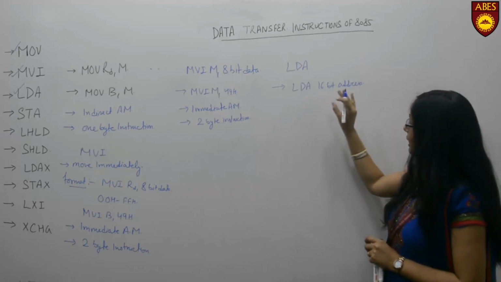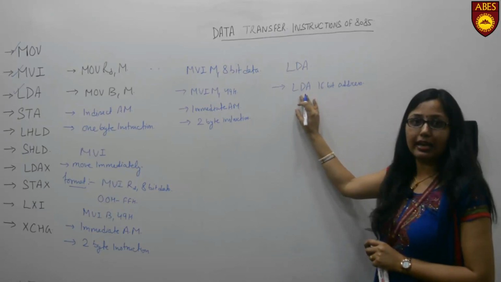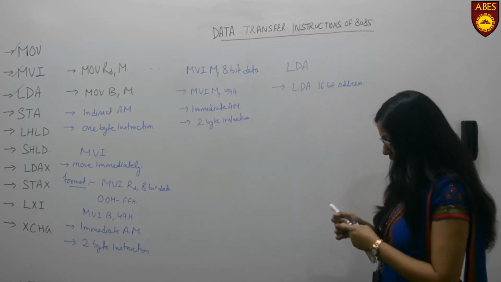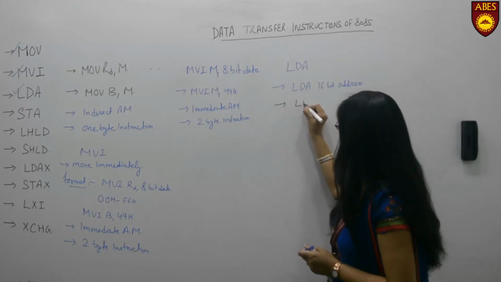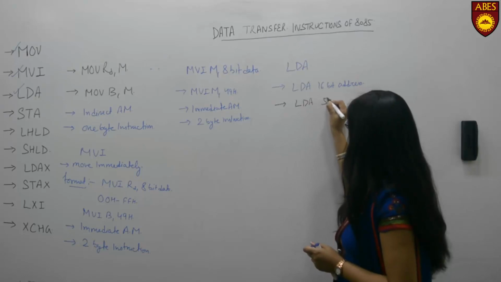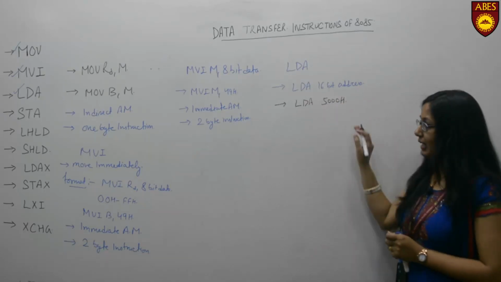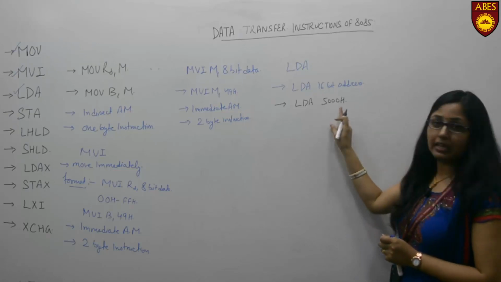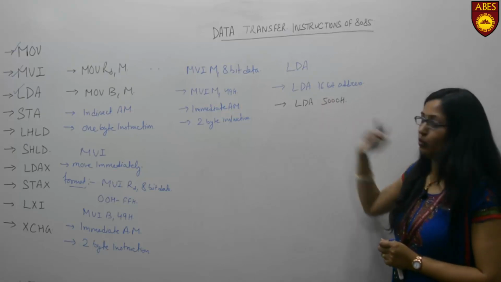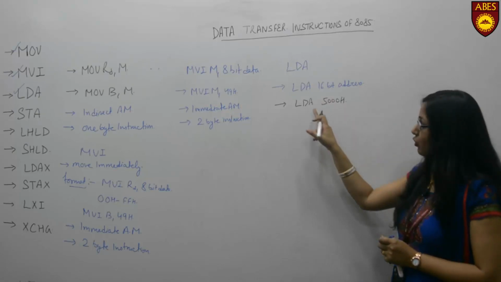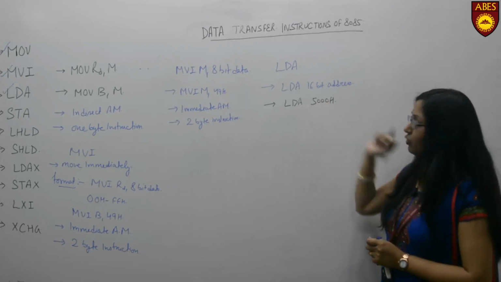What does it mean? The content of this memory location is loaded into the accumulator. For example, if we write LDA 5000H, after the execution of this instruction, the memory location content of 5000H is loaded into the accumulator. The content of the accumulator after the execution of this instruction is the content of this location.